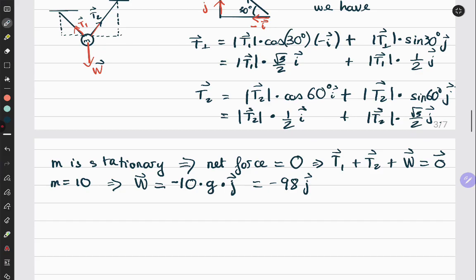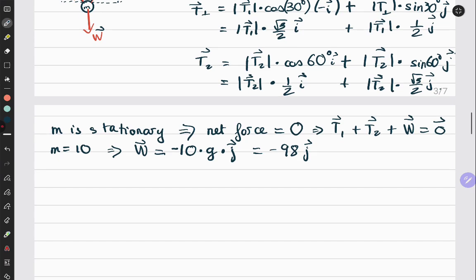This expression, three vectors adding up to 0, means their i components and their j components each add up to 0. T1 plus T2 plus W equals 0.